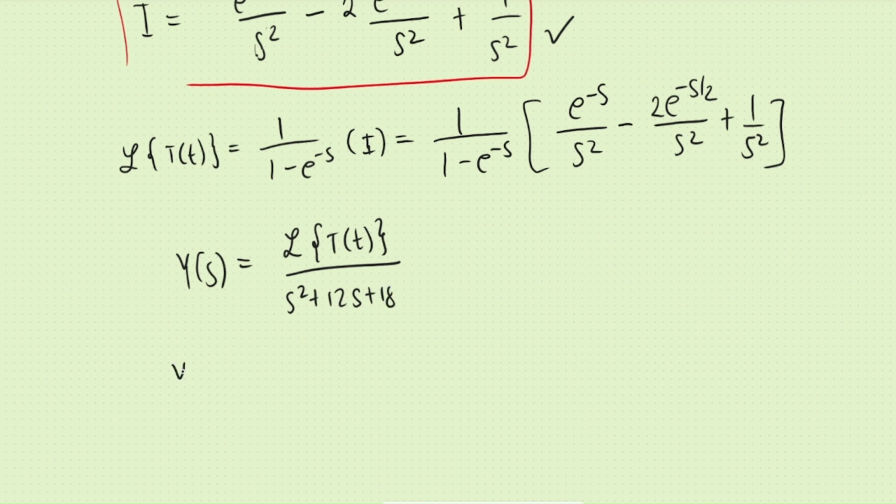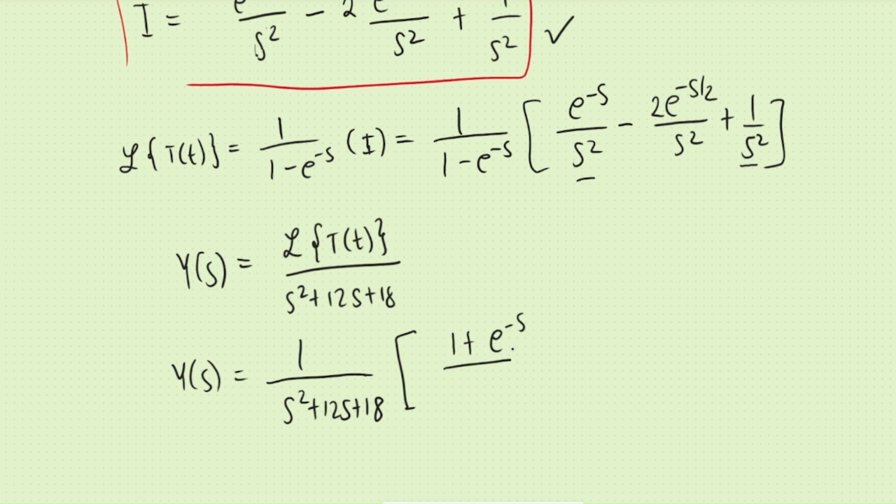So basically our Y of s is 1 over s² plus 12s plus 18 times, I'll just mix these things here because they have the same denominator. I want this to be joined with this 1 plus e^(-s), because I want this identical to our inputted answer.